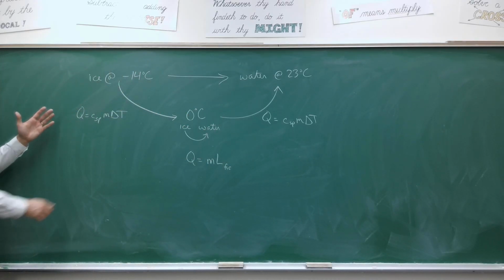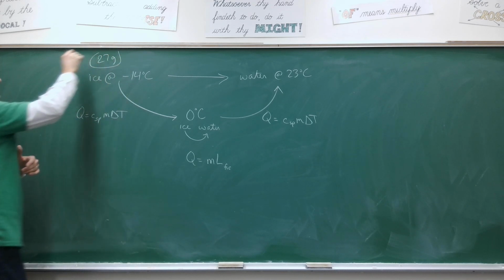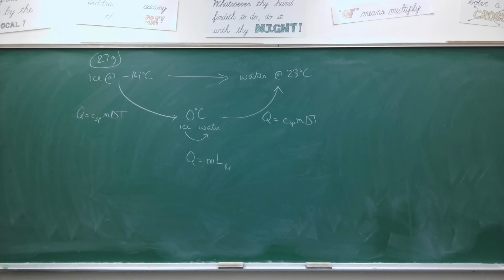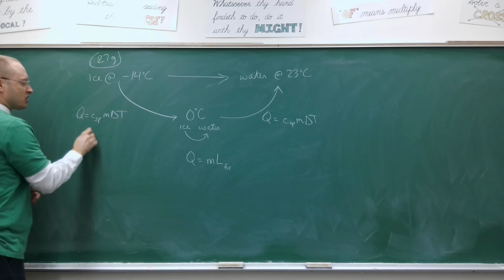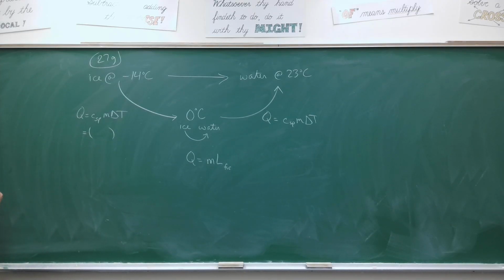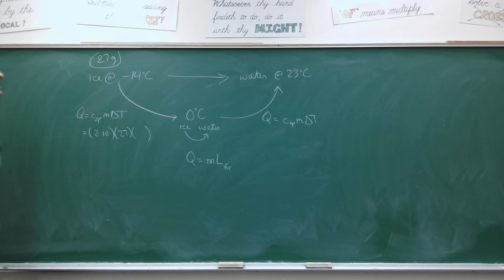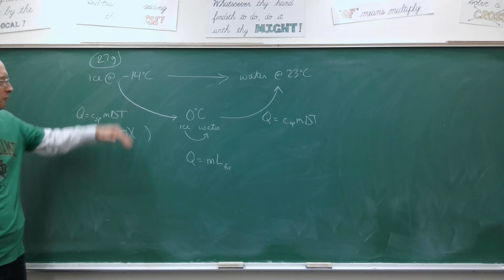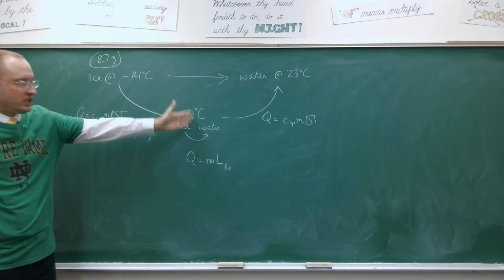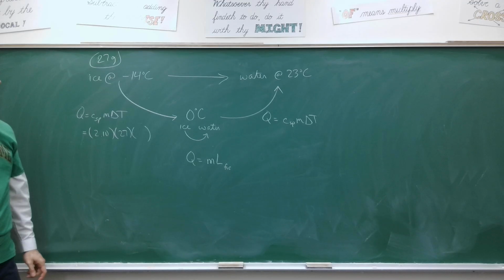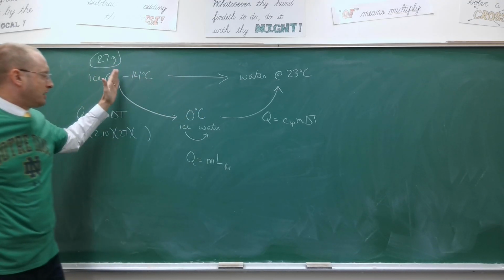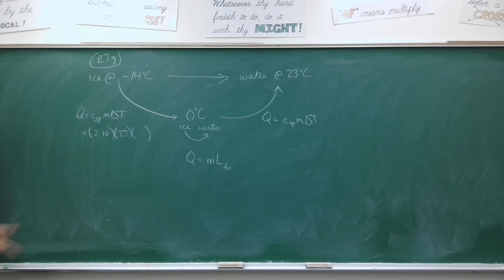All right, so the mass was 27 grams. Is that correct, Abigail? Yes. Okay. And then ice's specific heat was the 2.10. The mass, 27 grams. What does the temperature need to change to go from negative 14 to 0? Again, we're not trying to jump all the way to 23, just negative 14 to 0. 14 degrees.